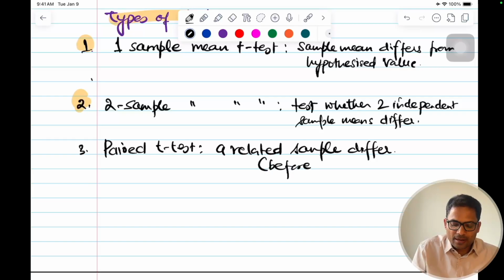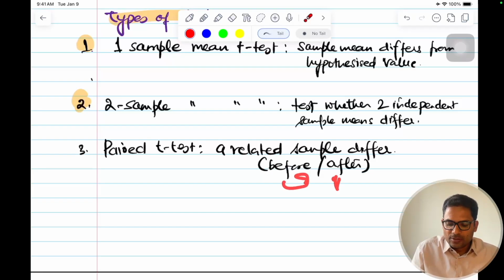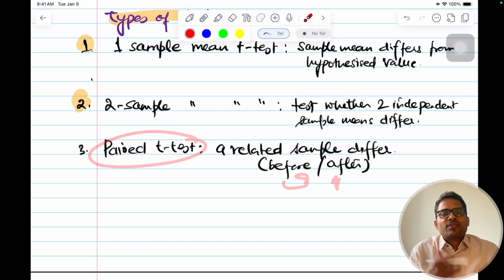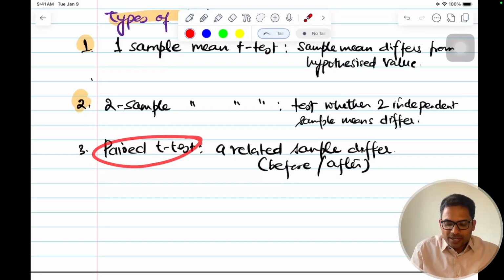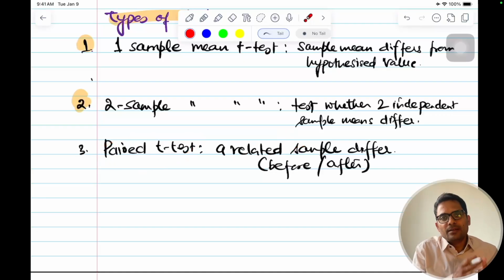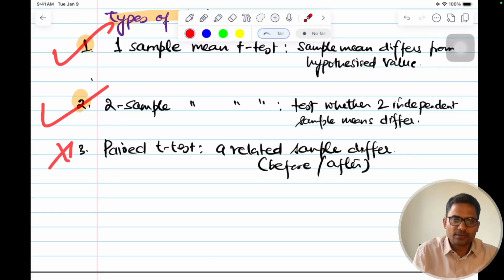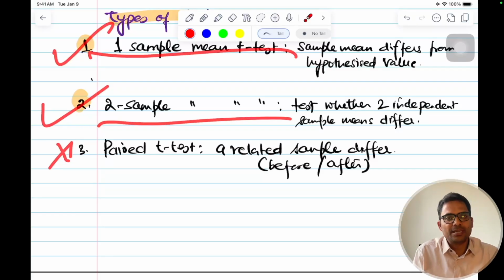Before something happened and after that event happened or some changes were made, if there is a difference in the mean, we compare the same mean before and after, and then we do a paired t-test. But I'll discuss the 1 sample mean and 2 sample mean t-tests.